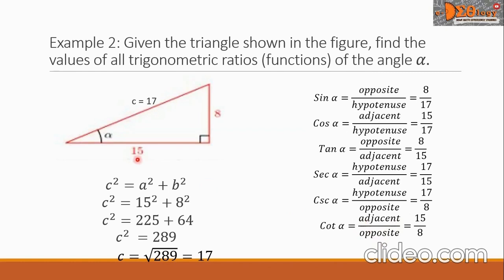The adjacent side is 15 over opposite, which is 8. So cotangent alpha is 15 over 8. We have now written all the trigonometric ratios, and this is now the final answer.